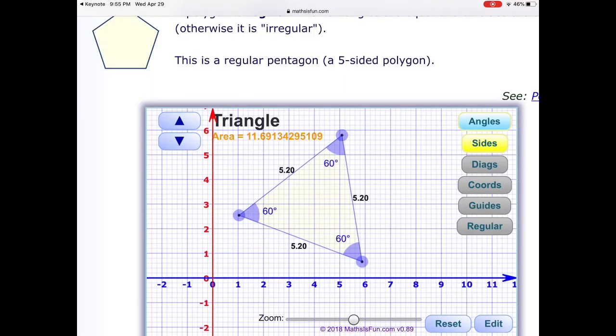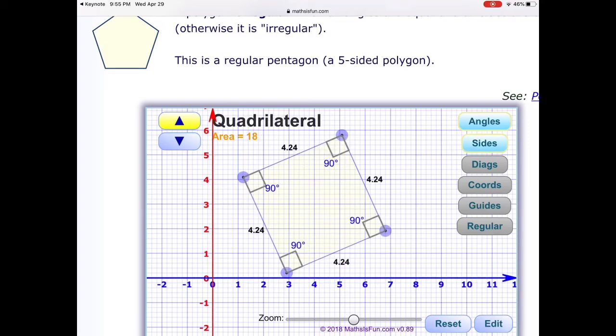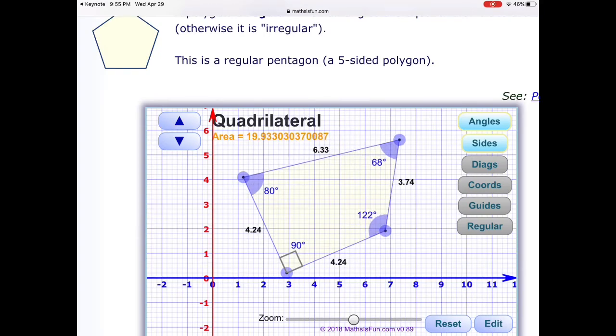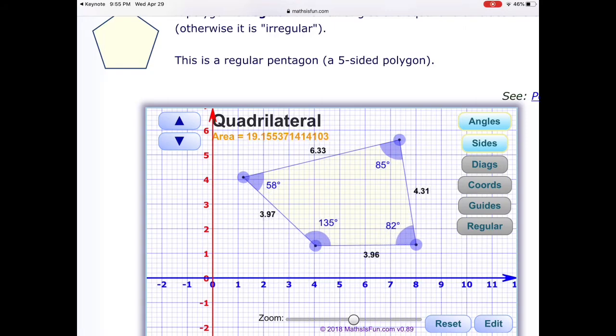Here we have a regular triangle, otherwise known as an equilateral triangle, equal angles or congruent angles, and congruent sides. A regular quadrilateral is a square, 4 congruent sides, 4 congruent angles. If I move one of these vertices, it becomes an irregular quadrilateral, where the angles don't all match and the sides have different lengths.